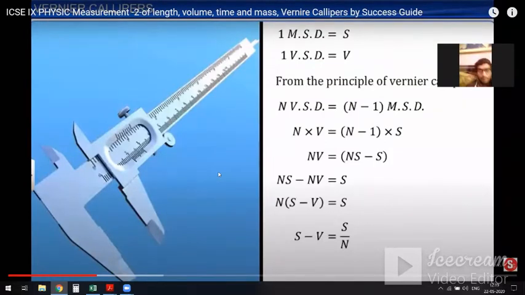We have to only understand the formula for the least count of the vernier caliper.